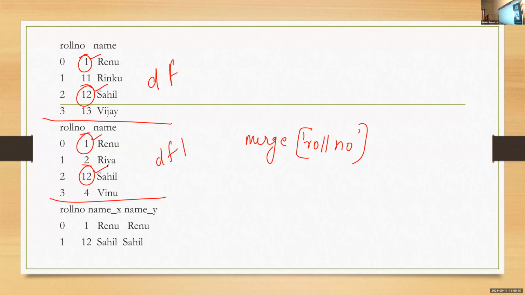So the output is 1 Renu and 12 Sahil. That is name of X. So it will display 1 and 12.